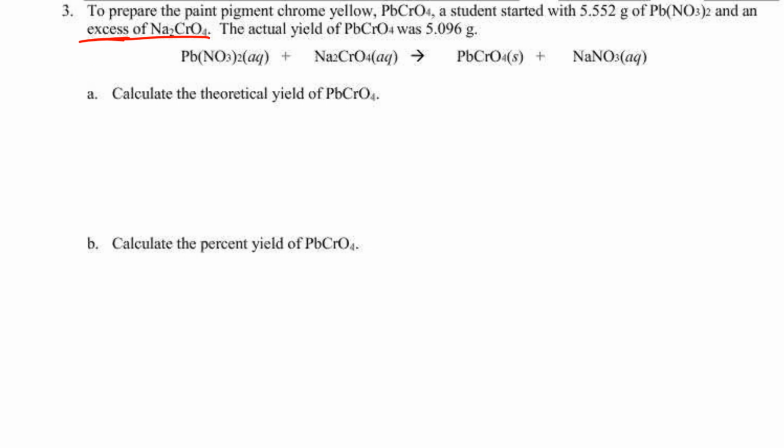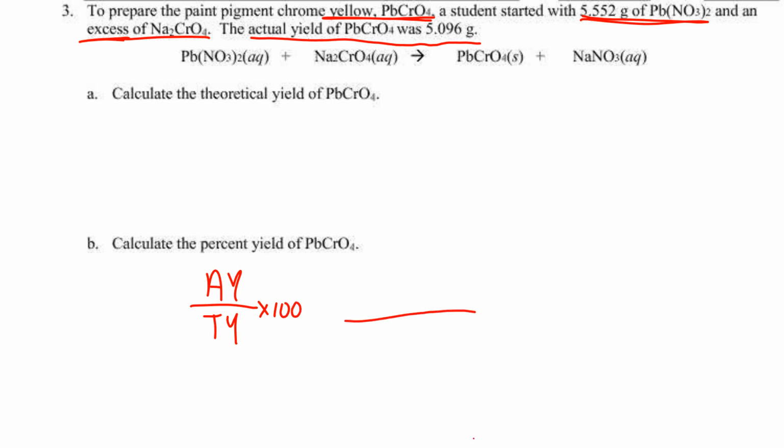So the main ingredient that we are worried about is this one, and then we also want to find that. It tells us that the actual yield of PbCrO4 is that.